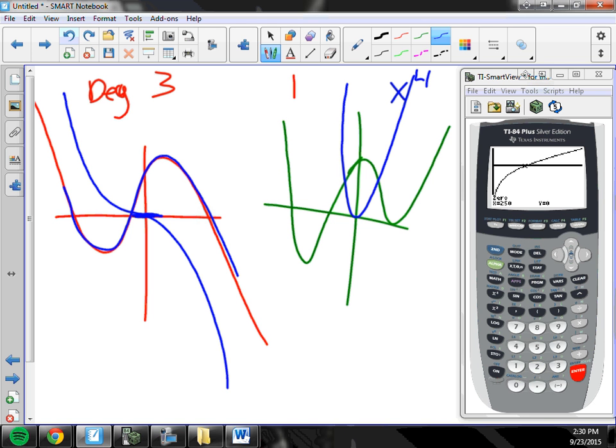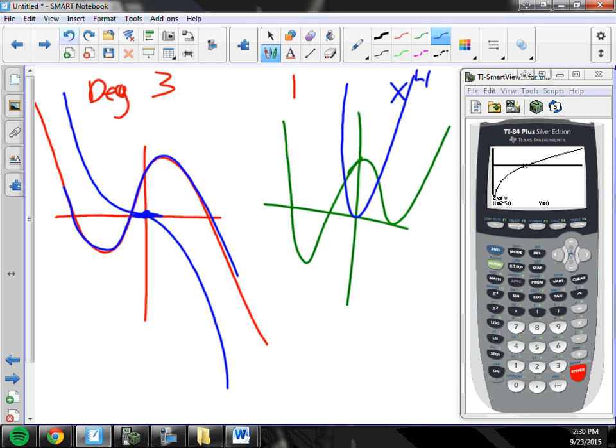Does that make sense? So that is increasing never, and it's decreasing everywhere but x equals 0. Okay? And then, yes, it does have one perfectly level point, and only one. Because if you move in either direction, it becomes steeper.